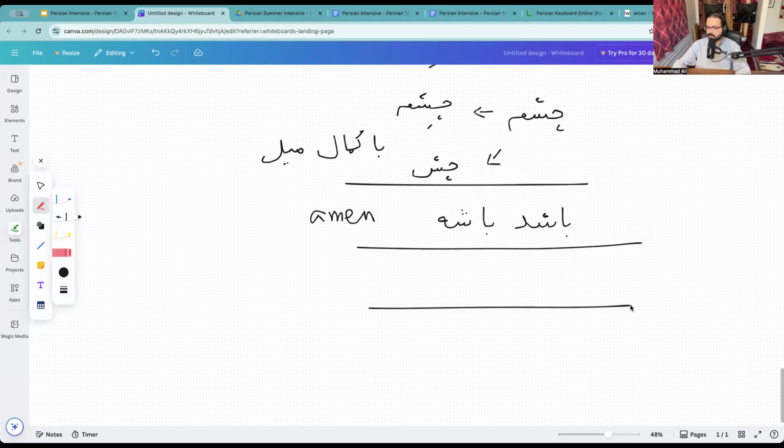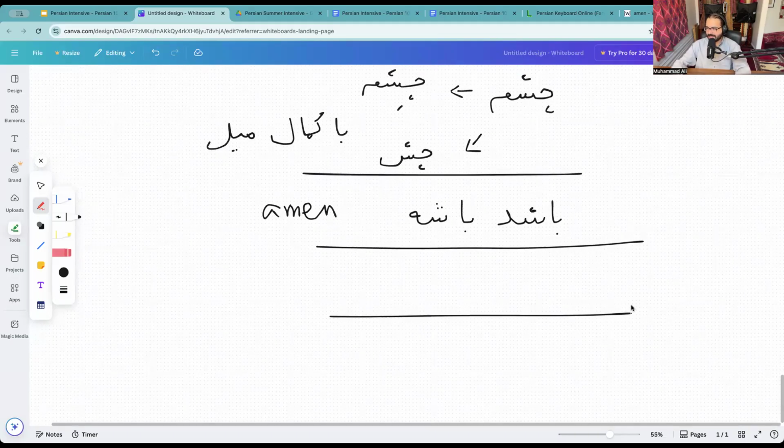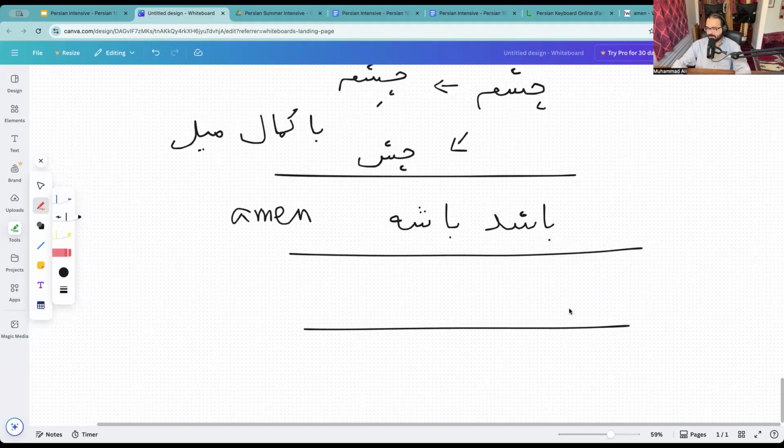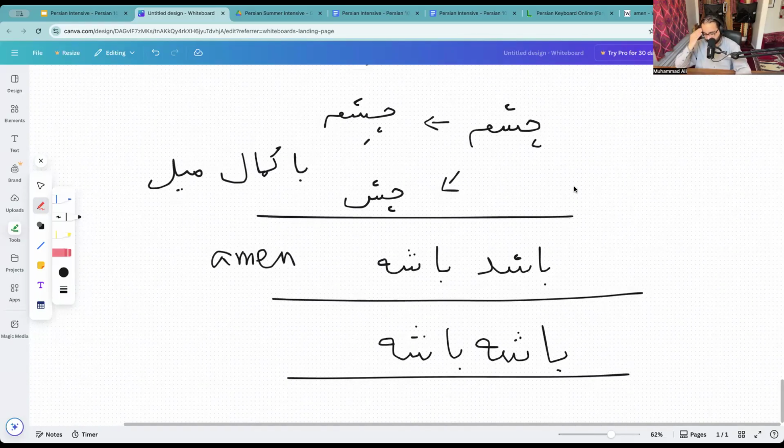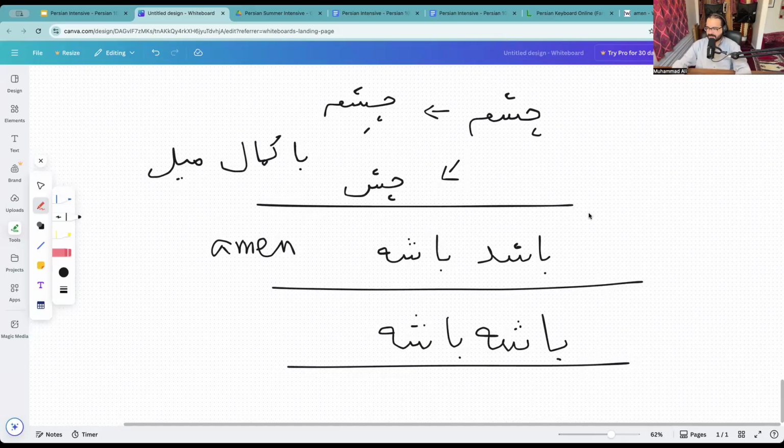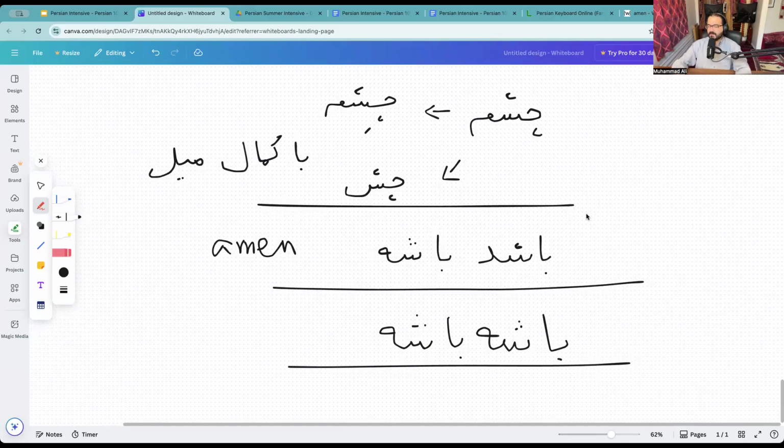And then a lower tier of acceptance, like, damn it, fine, I'll do it, would be to say basha basha, twice with a little bit of an exasperated tone. So if the king asks you to do something, you say chashm, bar ruye chashm, ba kamal mail. And if your sibling asks you to do something, bashe. And if someone who's pestering you asks you to do something, you say basha basha.